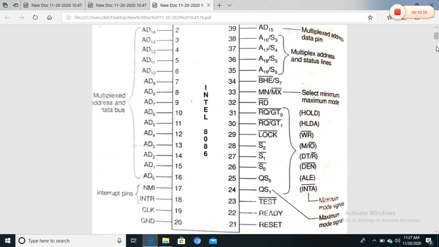S3 and S4 carry the status signal, and these status lines are used to identify segments. S5 gives the status of the interrupt flag, and S6 is always 0.